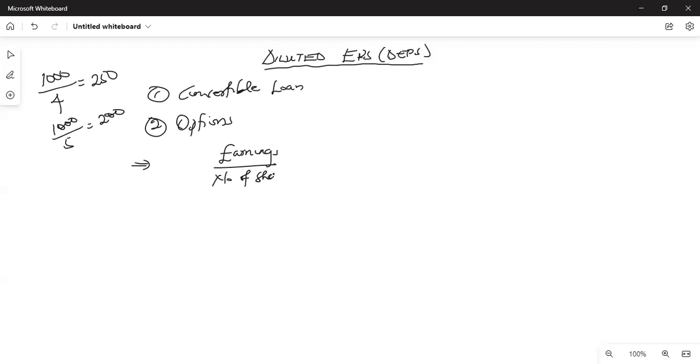And when I say number of shares, I'm talking about the weighted average number of shares. We've gone through how to deal with all these things. So in order to account for dilution, we have to adjust our basic earnings, so this one will have to be adjusted. And the number of shares will also have to be adjusted.